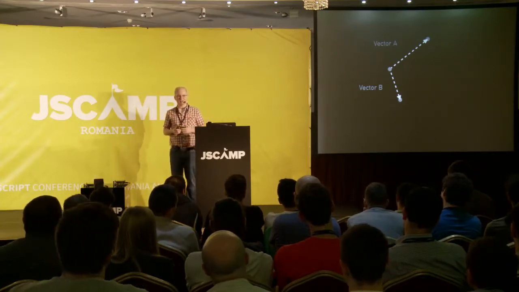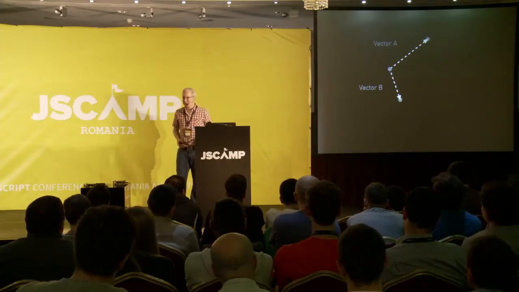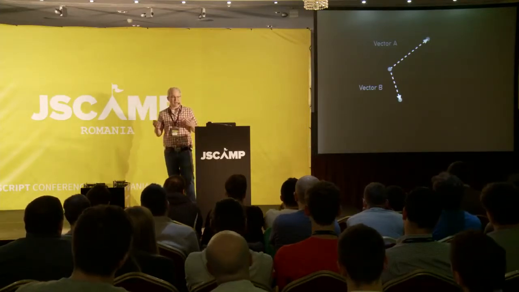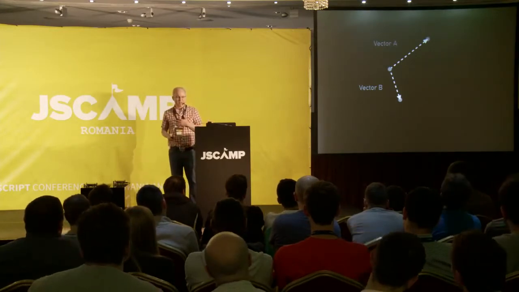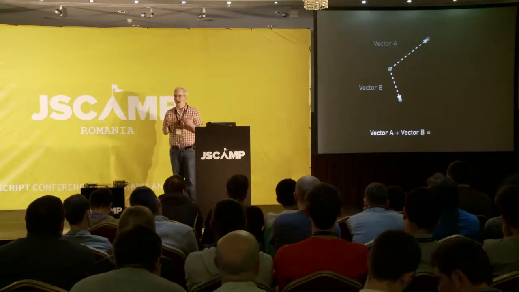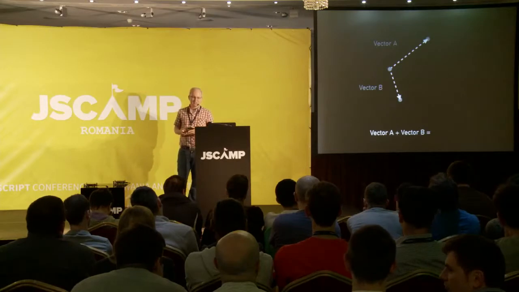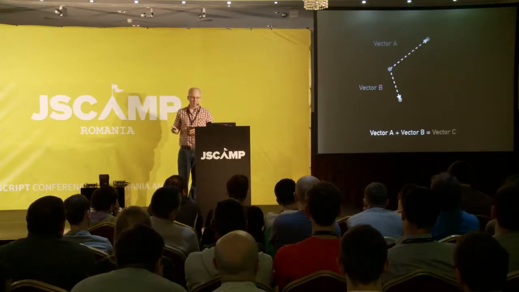But let's say these vectors represented forces in our system. Let's say that vector A represented steam coming out of the ground, and vector B represented wind blowing down and to the right. What would it feel like to stand in this system? What would the sum of all those forces feel like? To do that, we just add vector A to vector B, and it's pretty simple math.